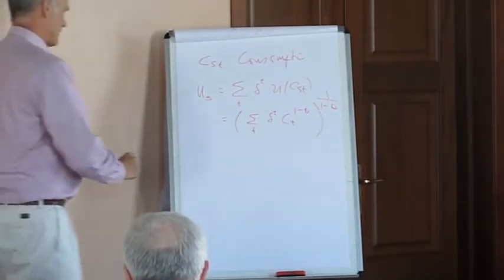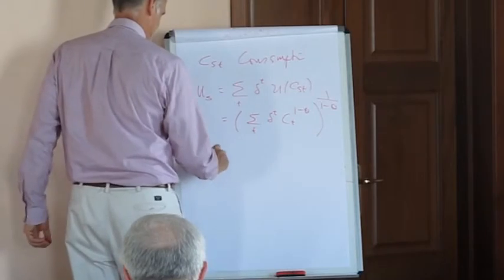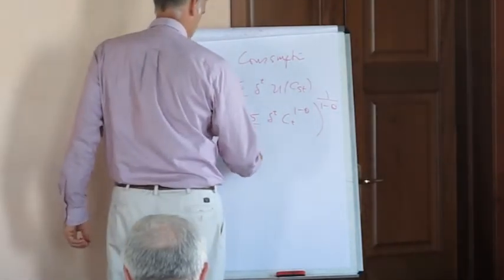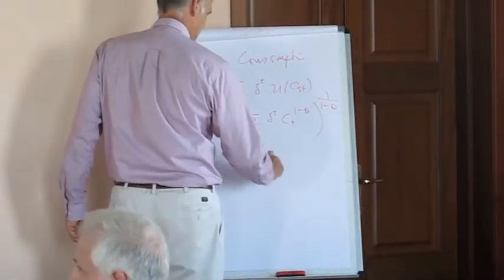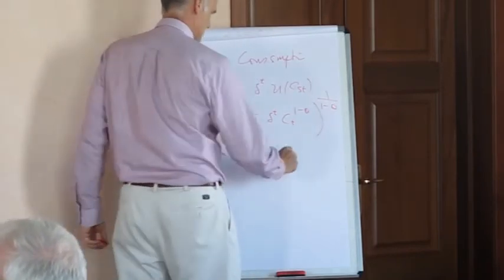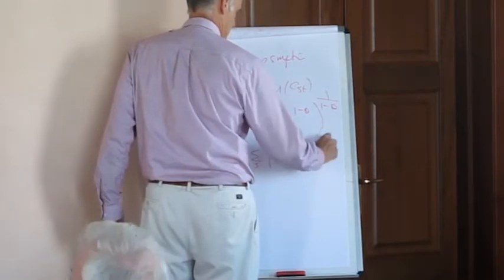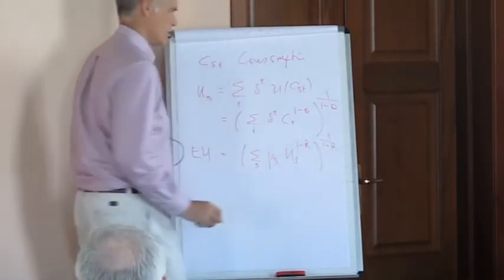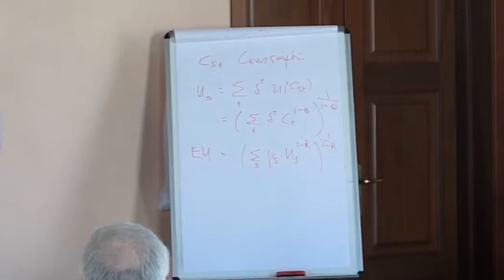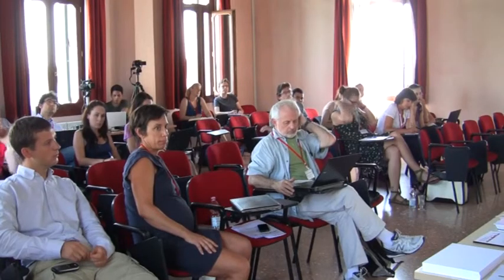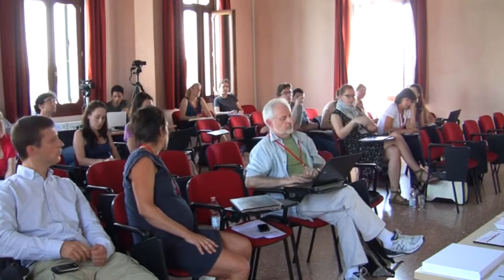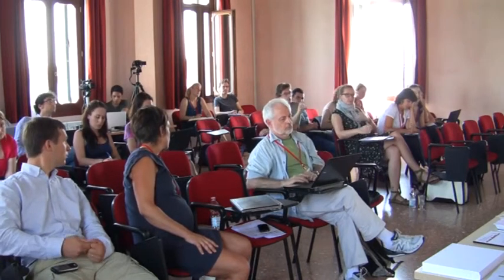And then expected utility would be equal to the sum over S of P sub S, the probability of state S, times U sub S to the 1 minus R. R is the coefficient of relative risk aversion. So that's one way of doing it. I'm going to go through three ways.